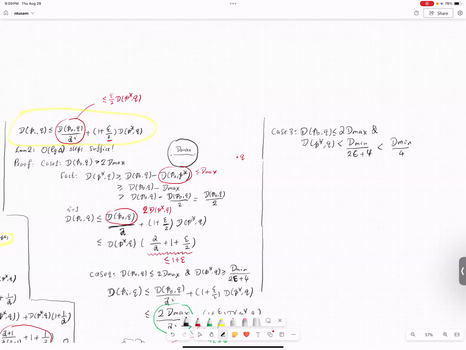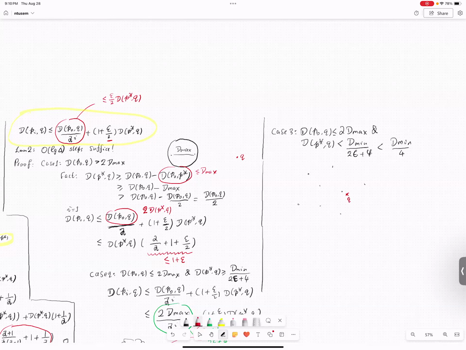So we will prove that in this case, this KNN still works. Let me show you what's going on here. This time we want to zoom into the data set. Basically, d min says the interpoint distance is at least d min. Since this P star Q is so close to Q, the situation we're looking at is something like this. The current point is in here.